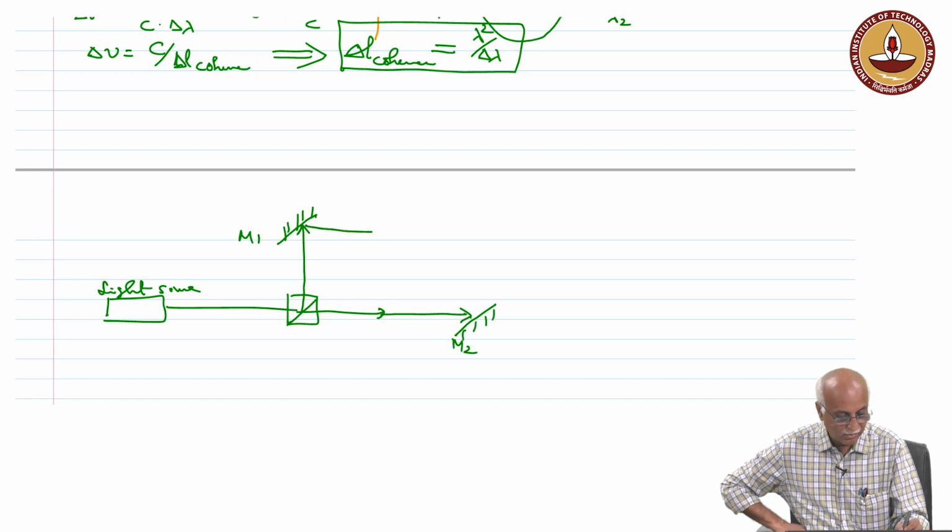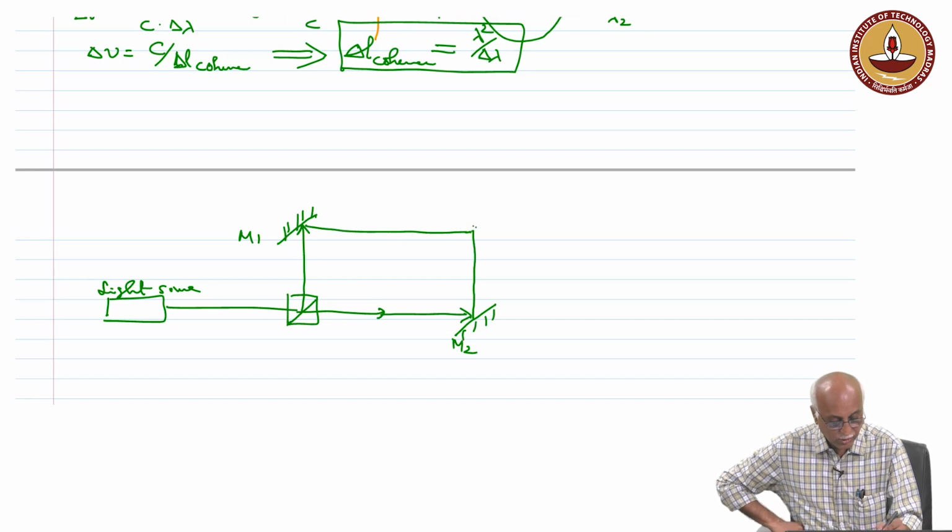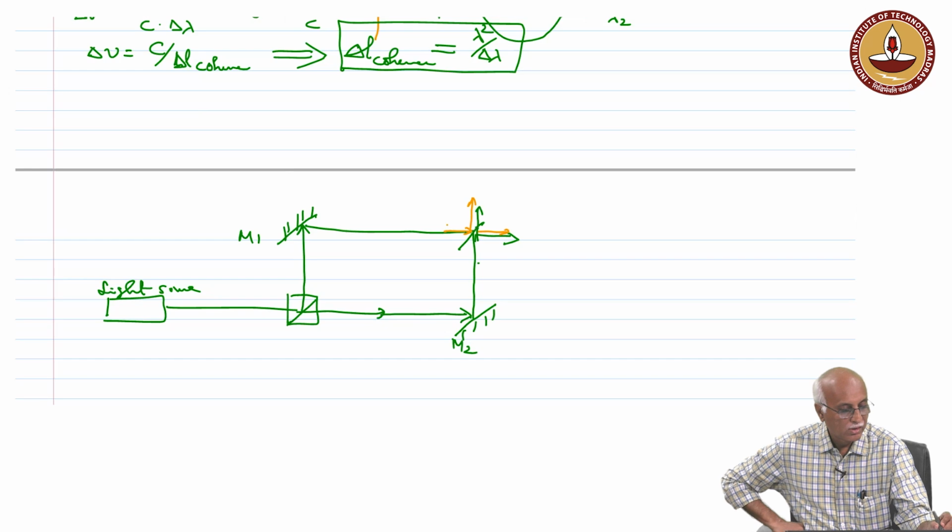So, this light will get reflected over here, and here again I use a beam splitter. So, part of this light will get transmitted and part will get reflected, and this also will get transmitted, correct. So, here also it is a beam splitter, okay.